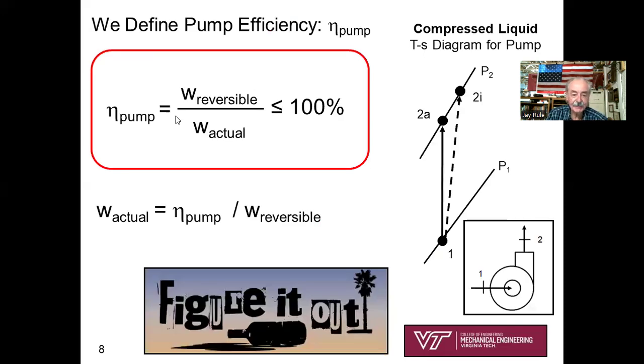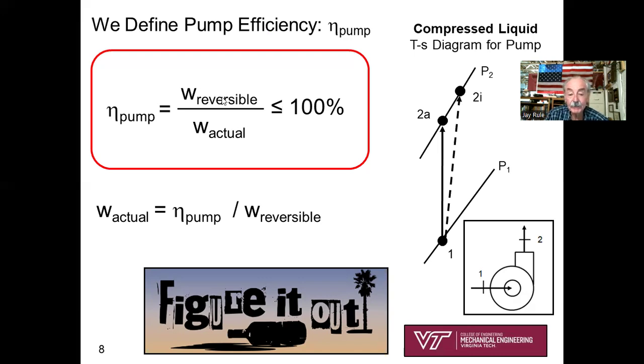Pump efficiency is going to be that reversible work term that we just derived out of the textbook, that minus the integral of VDP. That's going to be this term, W reversible, divided by W actual. I've been careful to not call it isentropic for some subtle reasons.